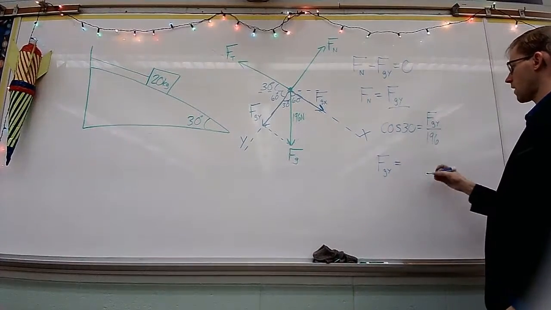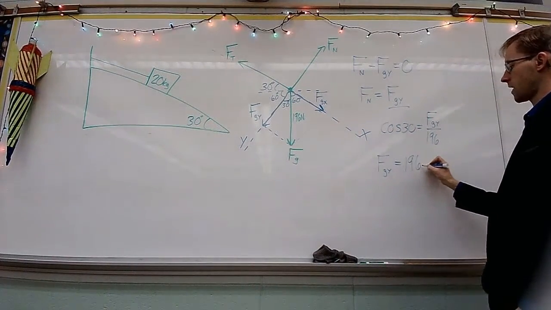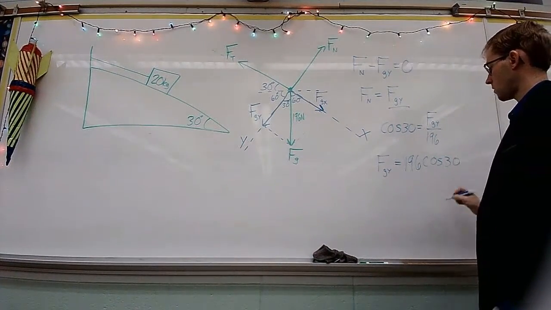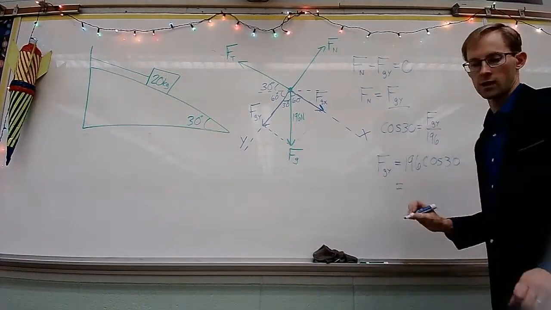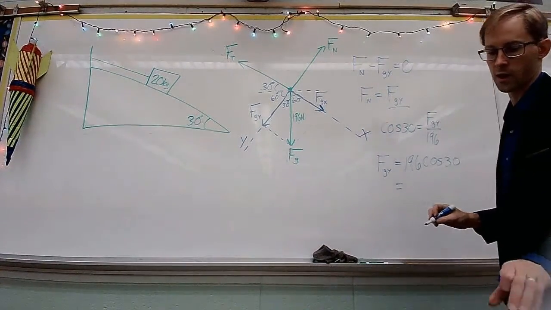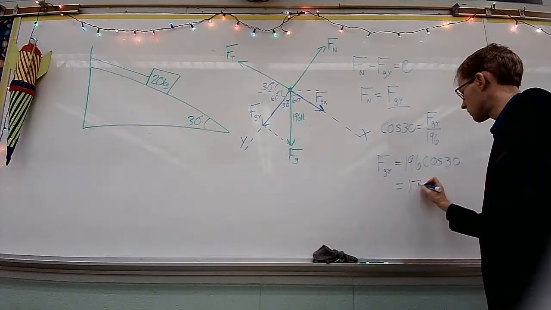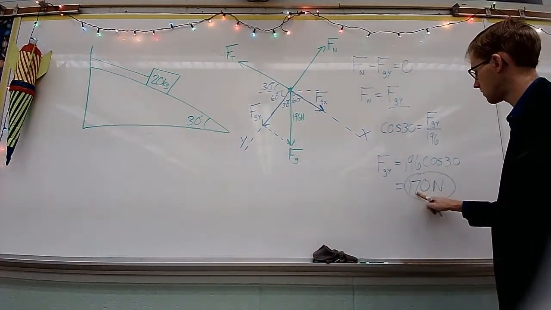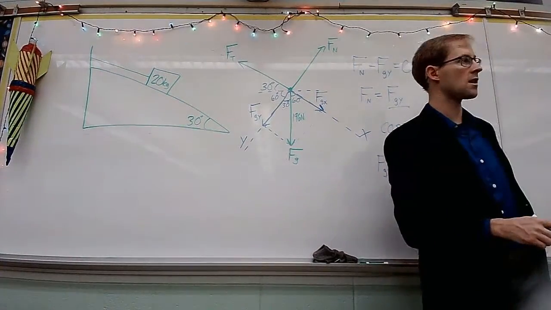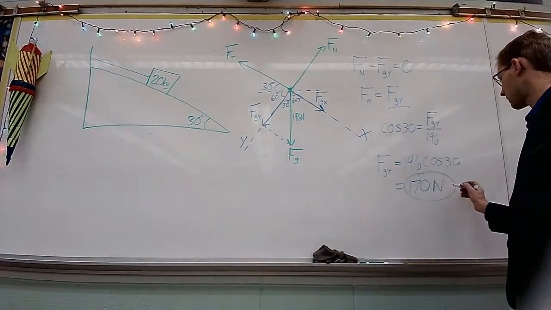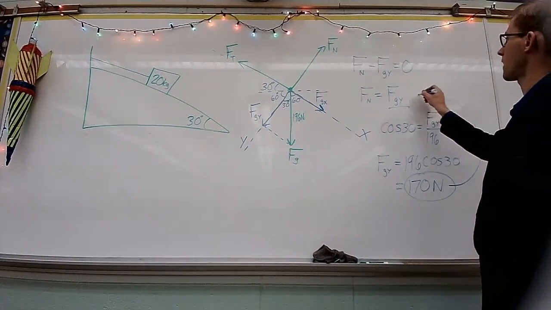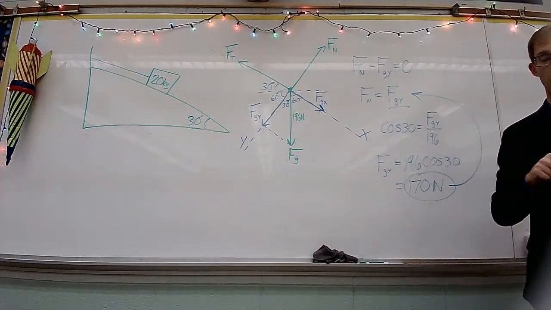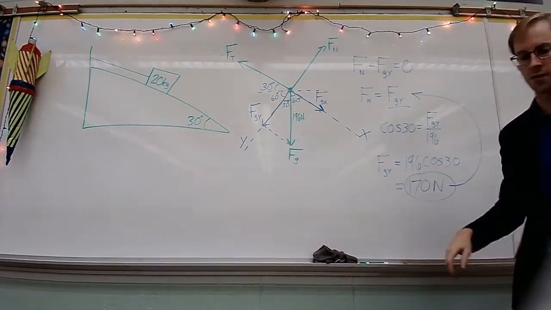Force of gravity in the y direction is equal to 196 times the cosine of 30. When you do that, you are going to get an answer of 170 newtons. So 170 newtons is equal to your force of gravity in the y direction. And because your force of gravity in the y direction is equal to normal force, you've got your answer for the normal force. And that's number 5.